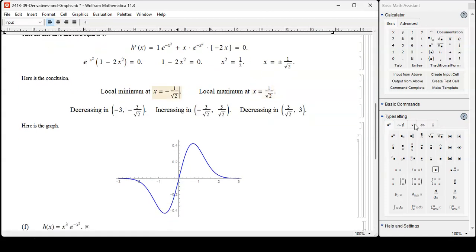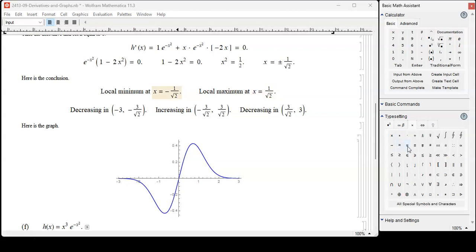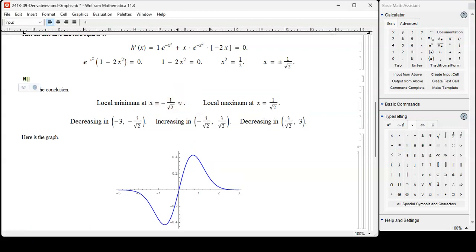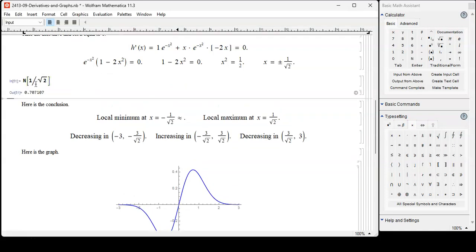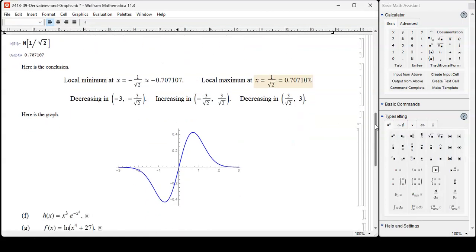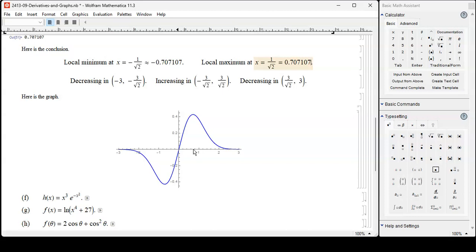And by the way, this quantity is approximately equal to, let's see, 0.7 something, and then this one is positive 0.7 something. Let's go back. 1 is here, 0.7 something. Okay, that makes sense.